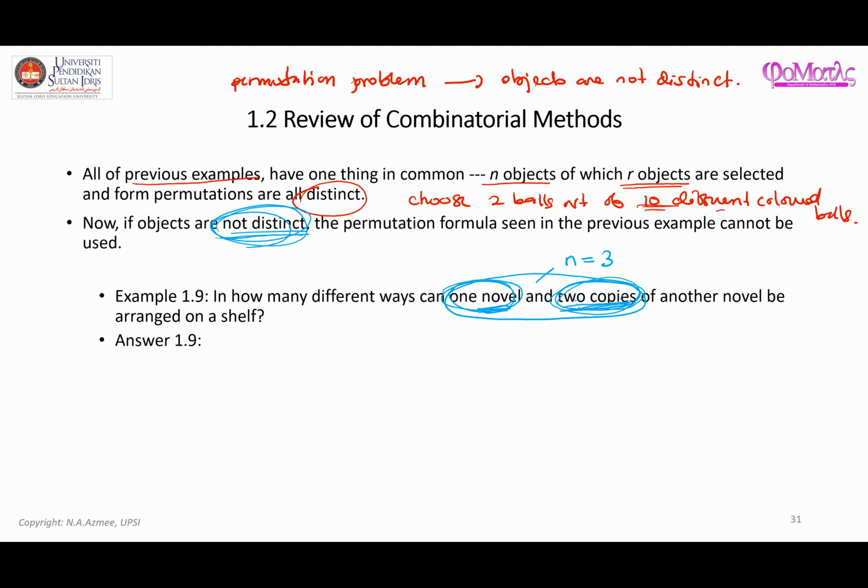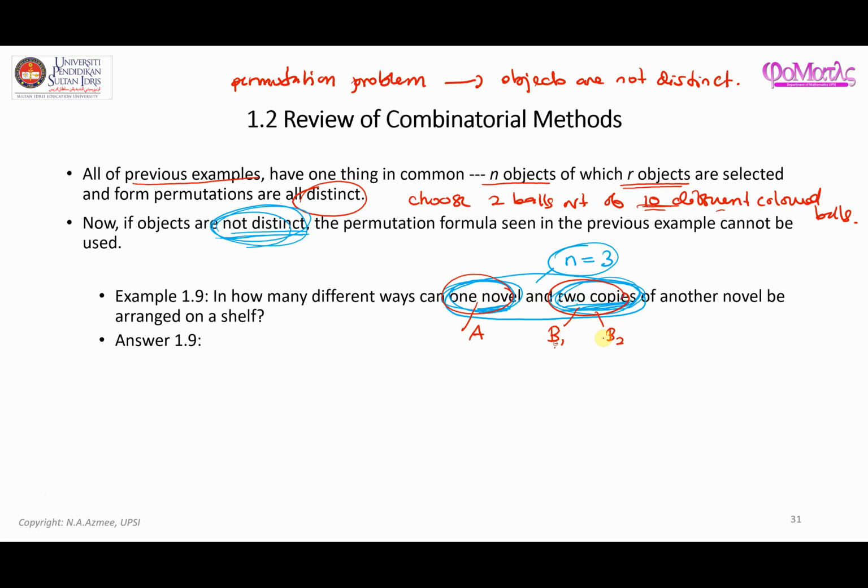Because this is quite a simple problem, we only have 3 objects to arrange. To start our discussion, we can assume that they are all distinctive objects, which makes it easier. So maybe this one is called A, and this is B1, and this is B2.